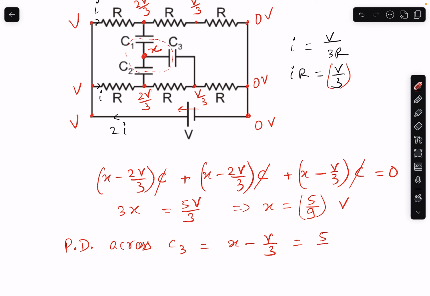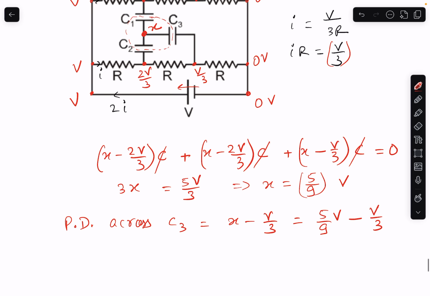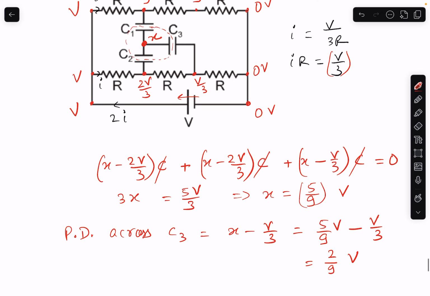So this will be 5 by 9 V minus V by 3. So V by 3 we can write as 3 by 9. So 5 by 9 minus 3 by 9 will give us 2 by 9 V. And so this is the result for the potential difference across the capacitor C3, 2 by 9 V.